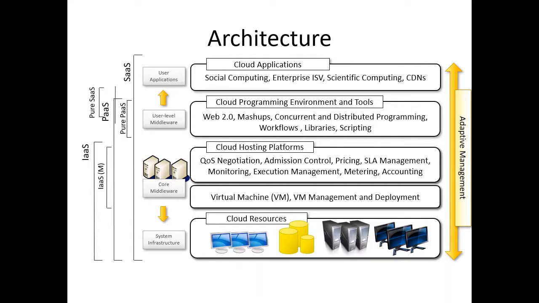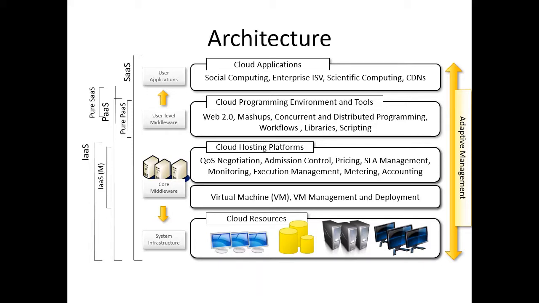It has virtual machine managers which control the calls to the system, which helps in resource sharing. There is a quality of service which has to be maintained, service level agreements, and as we know, the cloud works on a metering basis. So pricing, accounting, execution management, quality management, monitoring activities are all done in this core middleware.